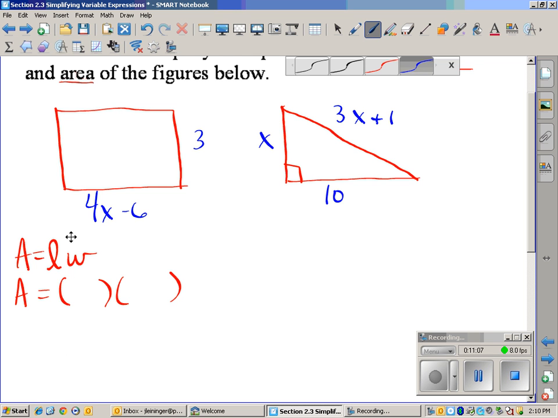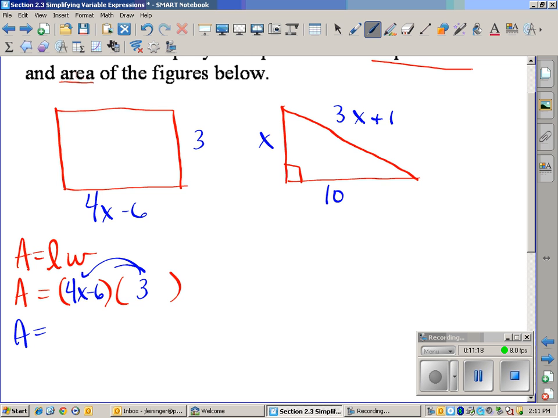We have the length is 4x minus 6. The width is 3. Now I see distribution. I'm going to distribute the 3 to both of those pieces, and I get 12x minus 18.